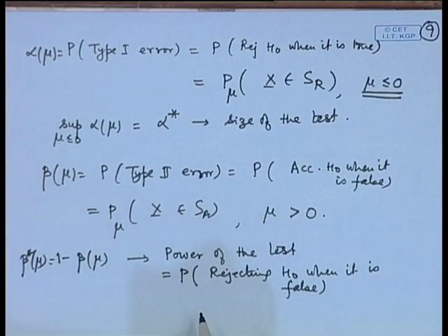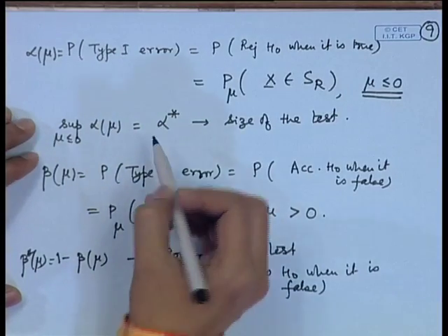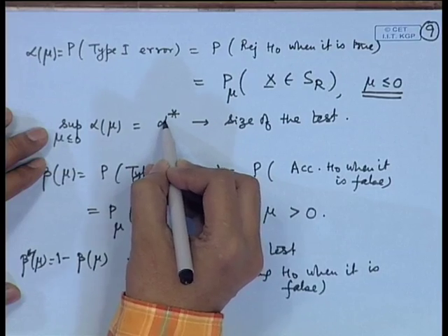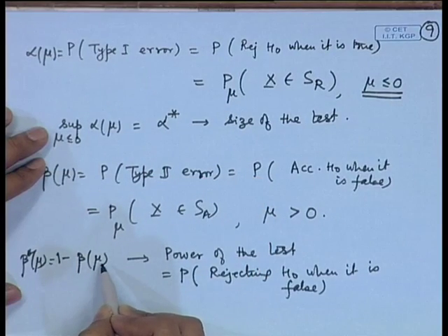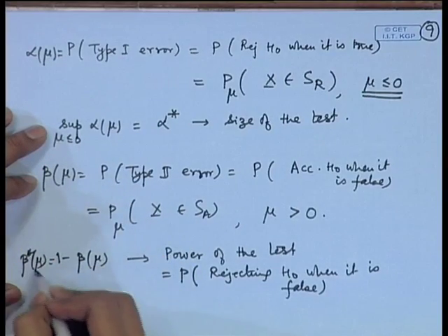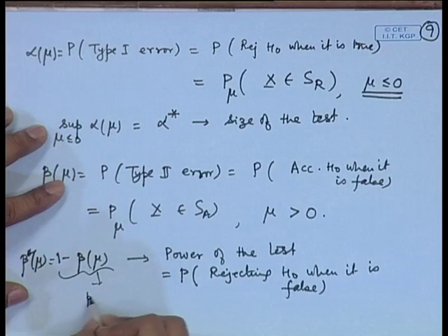So, a procedure is obtained such that we keep the size of the test to a fixed level and we try to minimize the probability of type 2 error or we maximize the power of the test. So, this is called the power function.